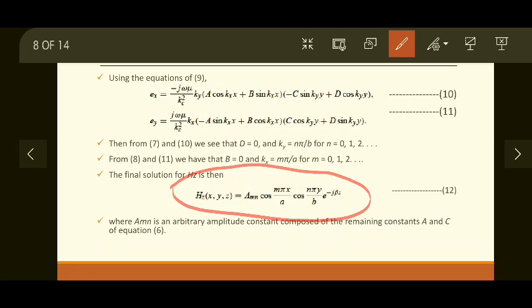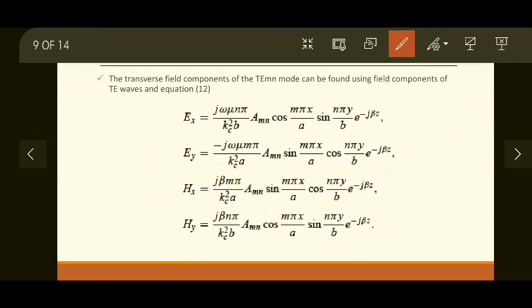Now this is the final solution for Hz. From this we can find out Ex, Ey, Hx, Hy. Okay, so if we do that, the transverse field components of the TE mode can be found using the field components of the TE wave in equation 12.